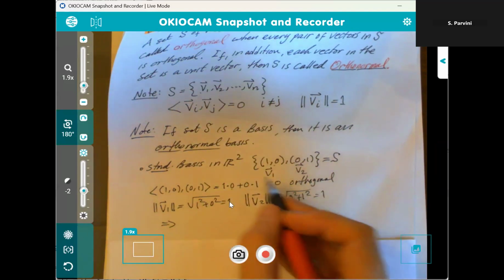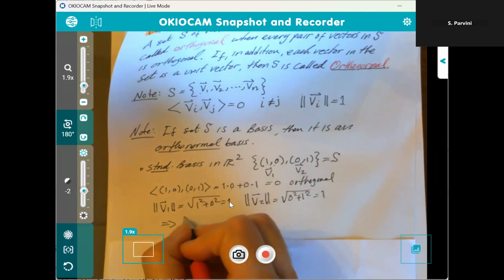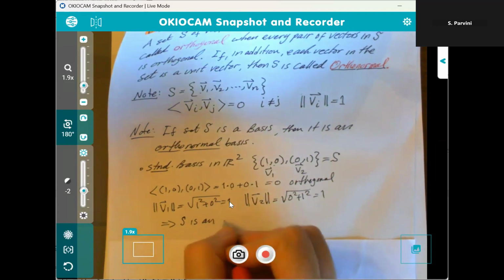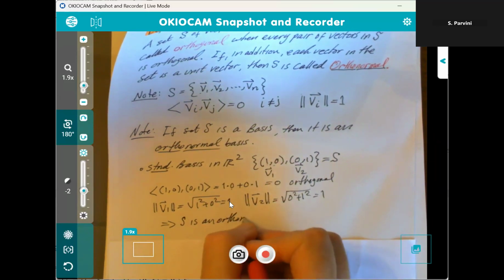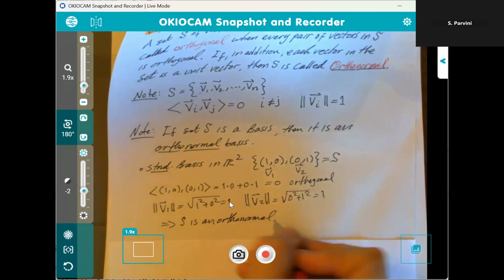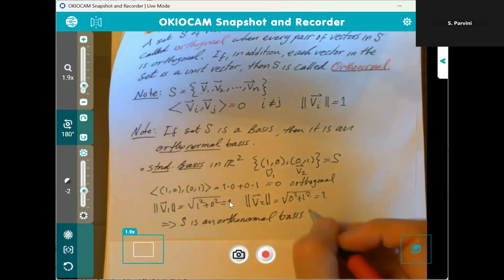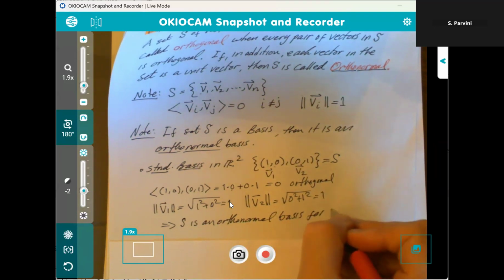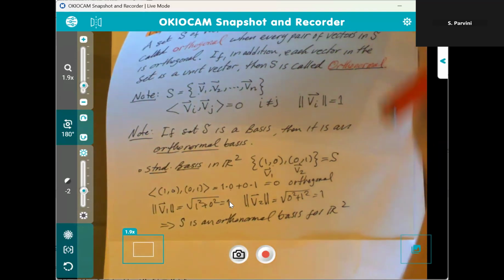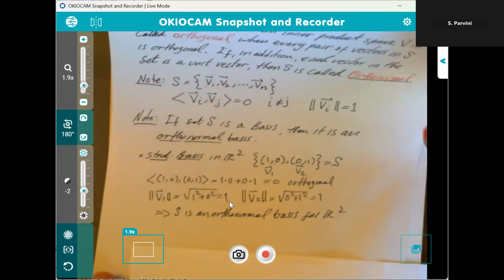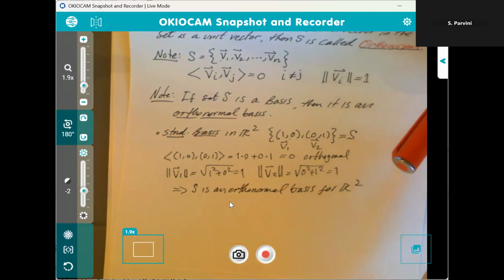Therefore, the set S is an orthonormal set. It's an orthonormal basis, because its vectors are basis vectors. A basis for R squared.